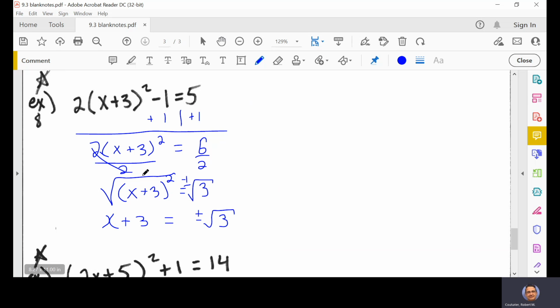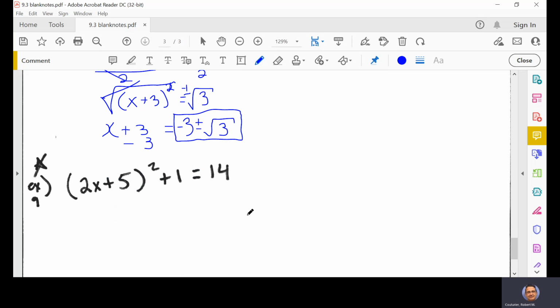Carry down exactly, because that only is plus 3. Last step, you have to subtract 3 from both sides. And since we're leaving it in radical form, this is actually less work for us. You'll type it into your computer just like that. Right? That's not bad. Let's look at one more just like that.